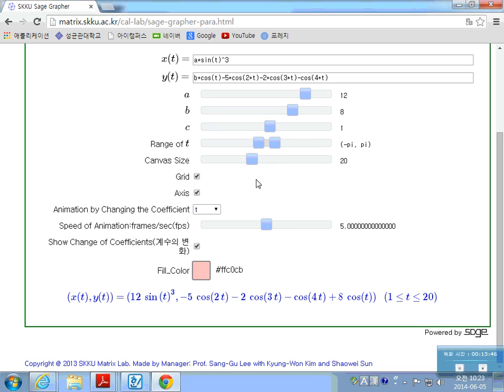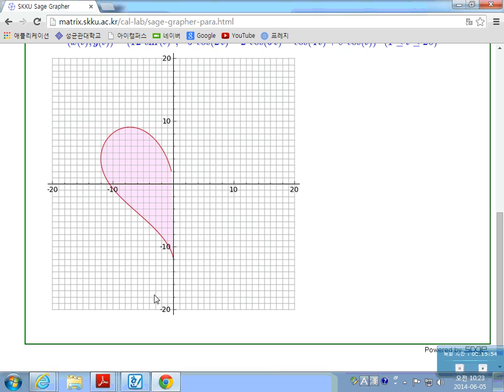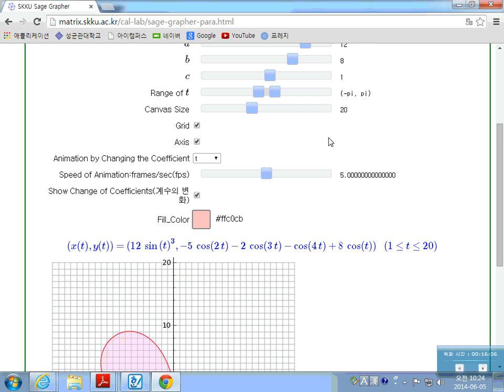I'm making about 20 to 30 images and making the animation out of them. It starts from here when t is equal to minus pi, and it ends at the same point when t is equal to pi.